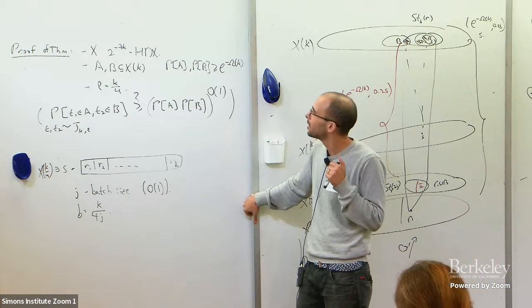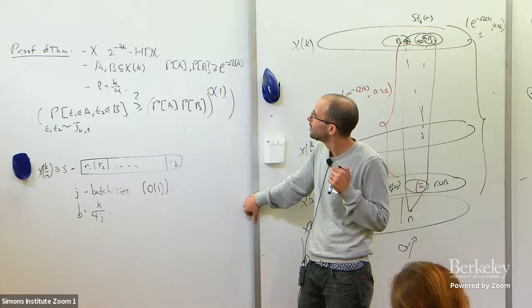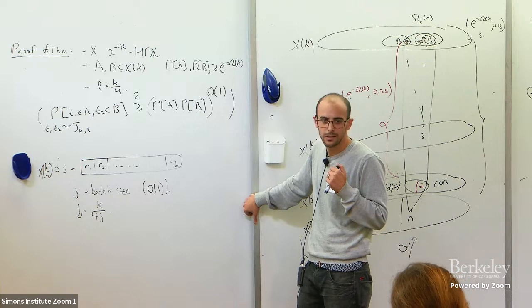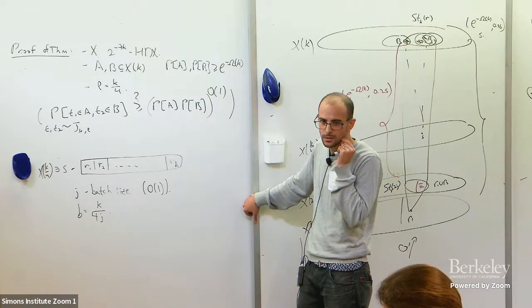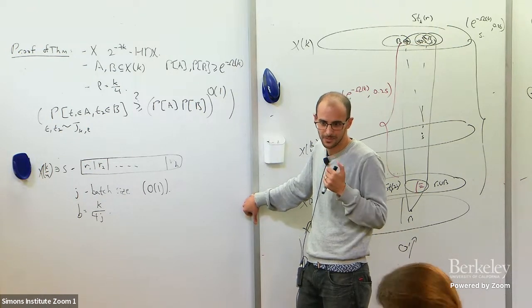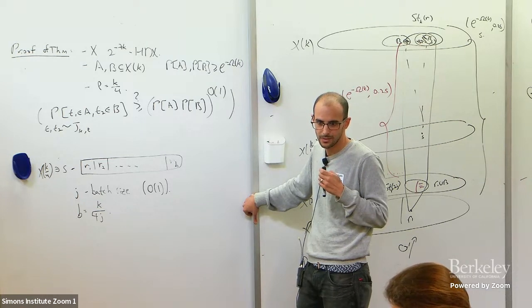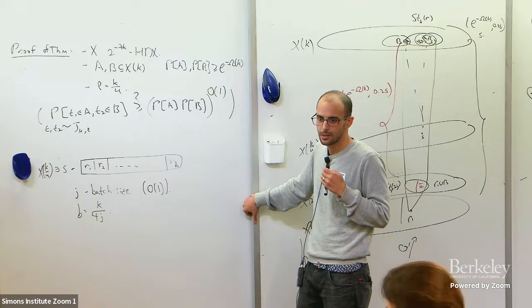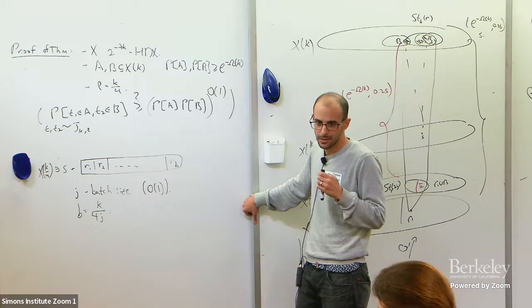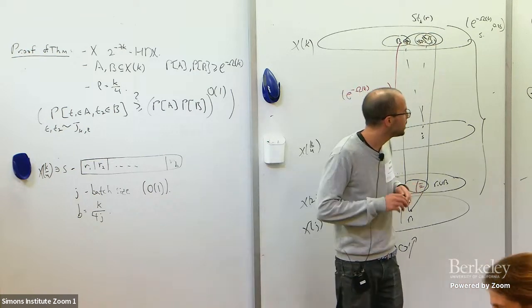But in this context, the gamma is e to the minus k. Right, gamma is 2 to the minus something. No, it's 7. Oh, it's 7. Okay. What is hiding here?